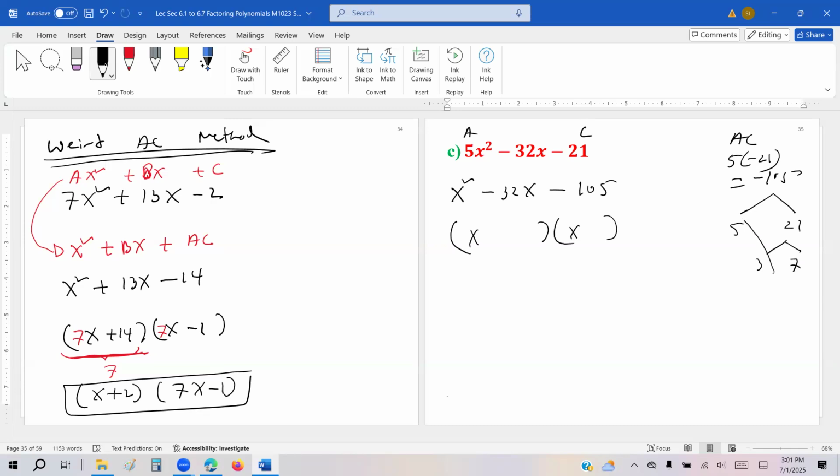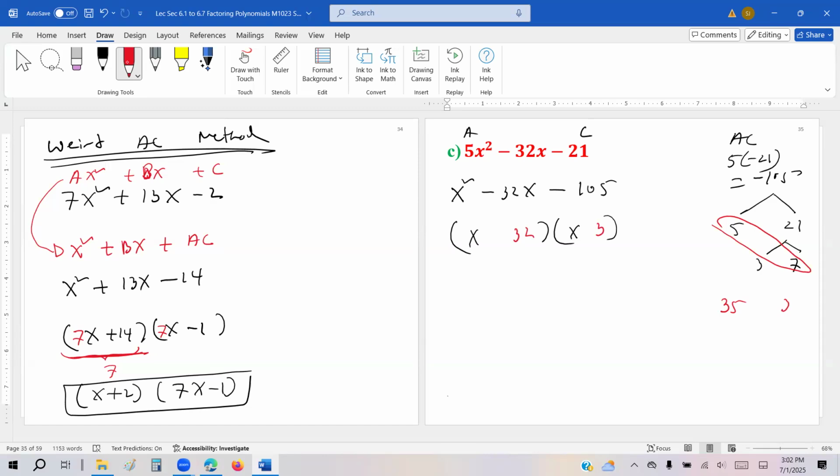Now let's see, if you multiply 3 and 5, we get 15 and 7. Do you get 32 from here? So 3 and 7 doesn't work. How about if you multiply 7 and 5? 7 and 5 is 35 and 3. Do we get 32 from here?